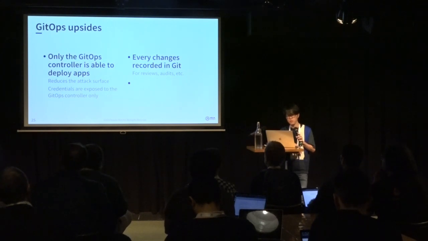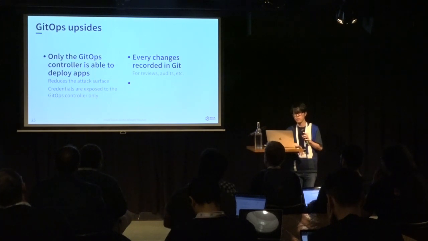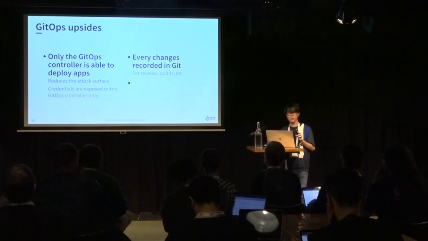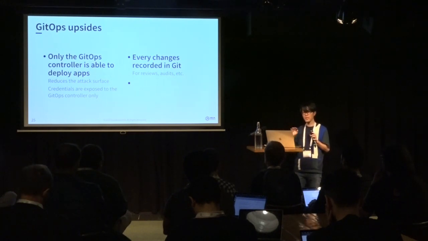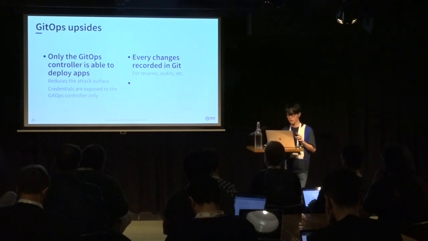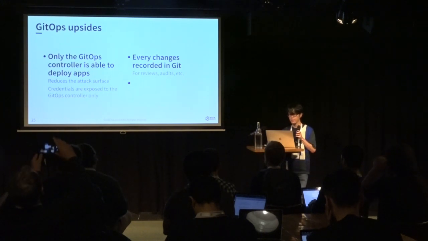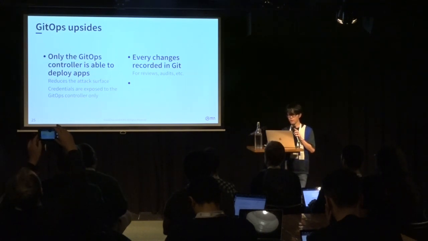This reduces your attack surface to your cluster, and it's very secure because credentials are exposed to the GitOps controller only. For example, if you're using CircleCI or Travis as a public service in your deployment pipeline, you need to expose your secrets to the third-party service. It's a kind of security nightmare. Finally, every change is recorded in Git for reviews and audits in the GitOps model.